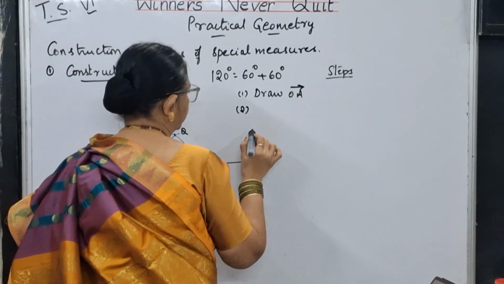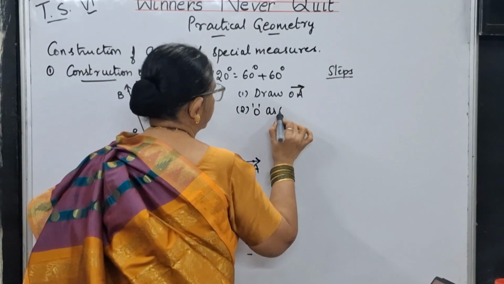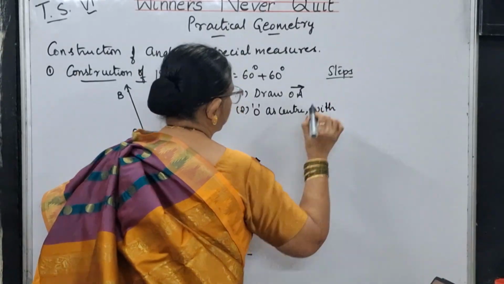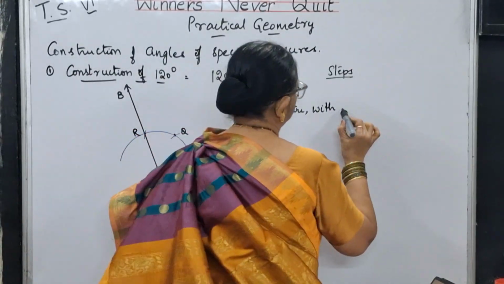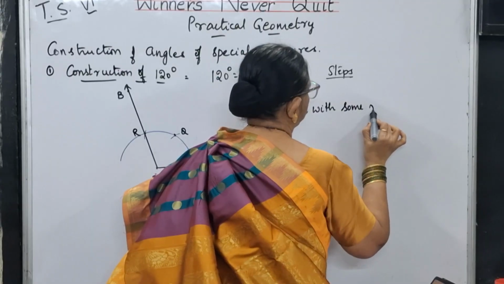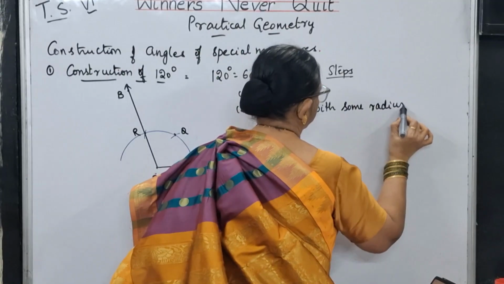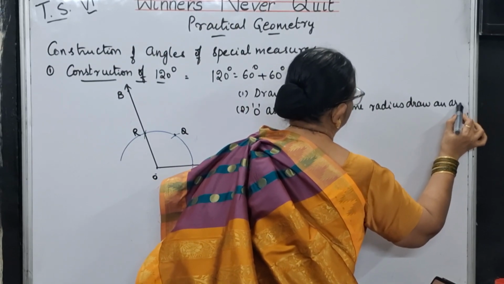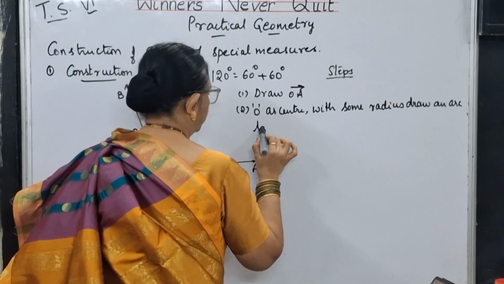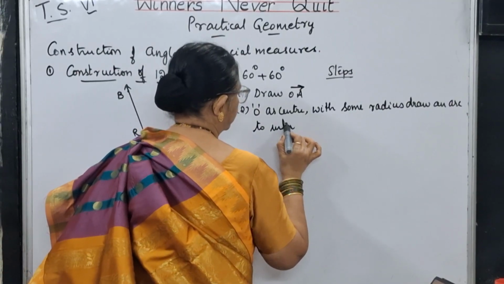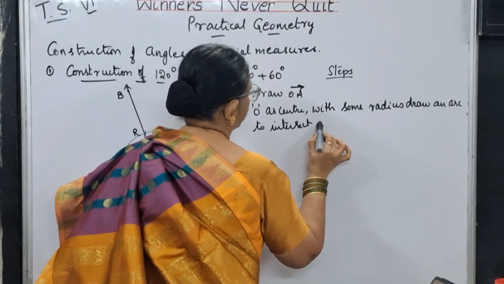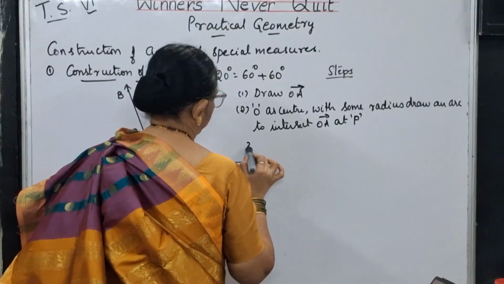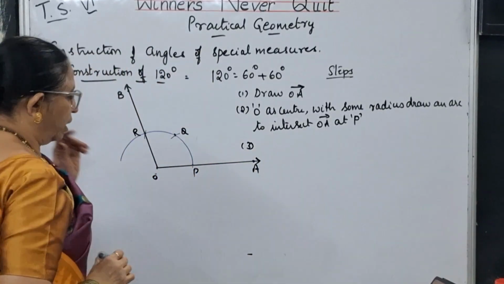Second one, with O as center and some radius, draw an arc to intersect OA at P. The arc is intersecting OA at P.